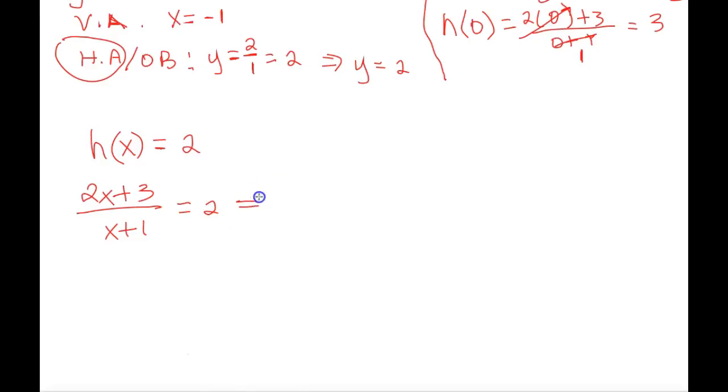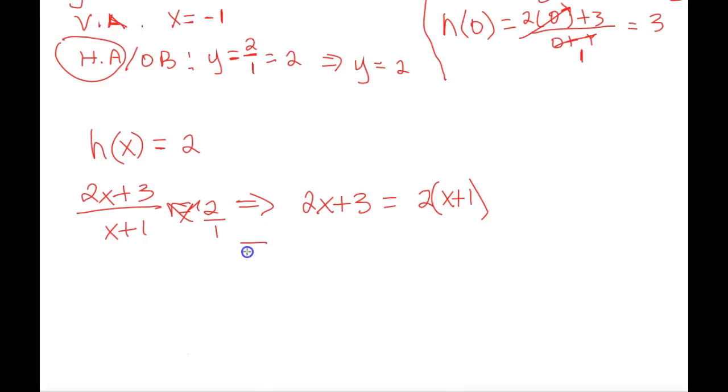If we go ahead and solve this, we can put this over 1 and cross multiply. Then we have 2x plus 3 equals 2 times x plus 1.